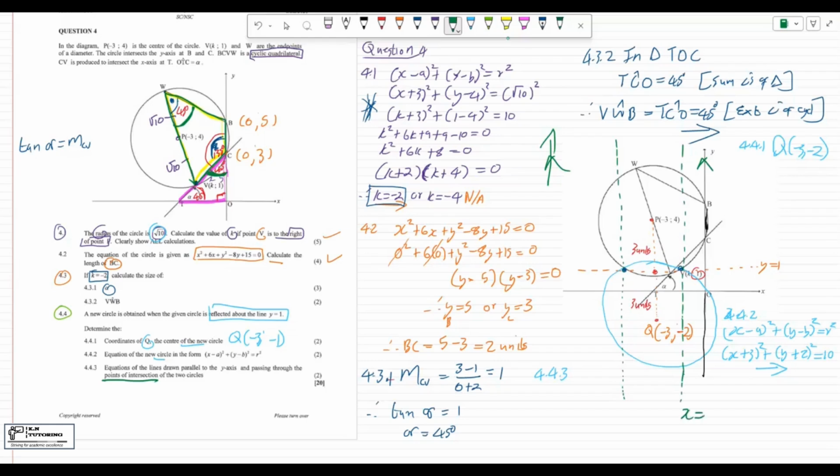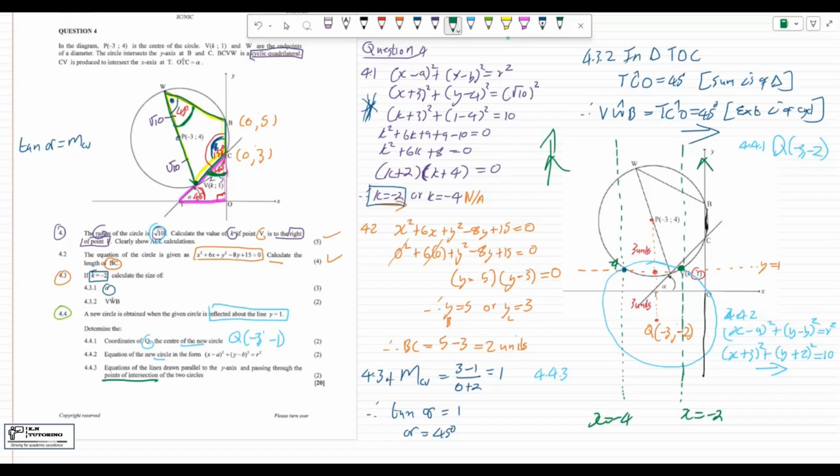X here passes there at k, and we found k to be -2. Remember in question 4.1 we were asked to find the value of k, and we found -2 and -4. This clearly shows that the other x value here is -4.